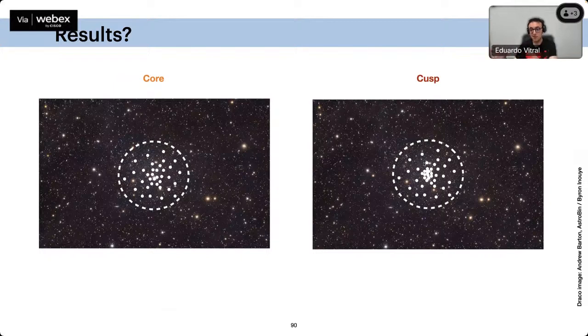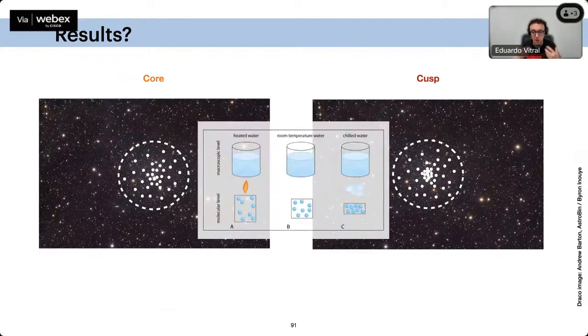On the right, I exemplified how you'd expect dark matter particles to distribute themselves in a cusp scenario, and on the left, I show how you expect them to be distributed roughly in a core scenario. You can relate that to knowledge from our day-to-day life.